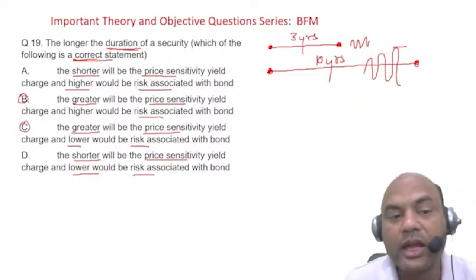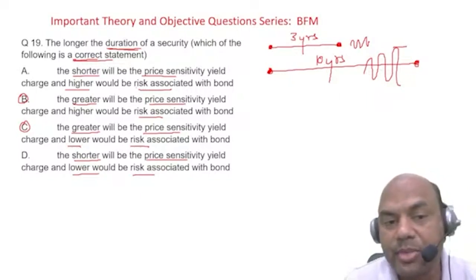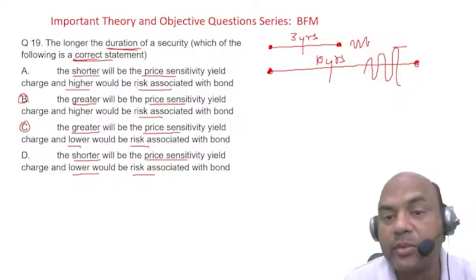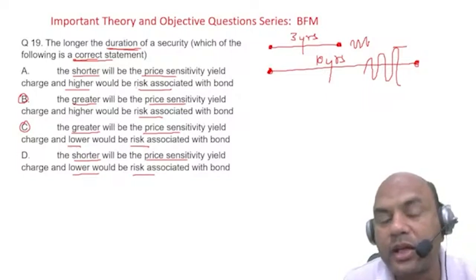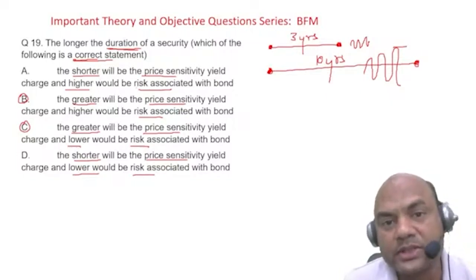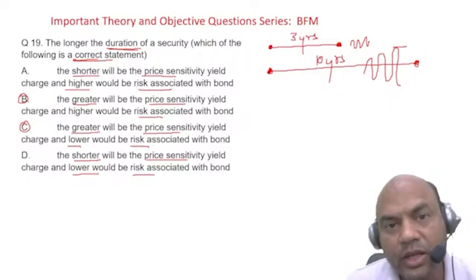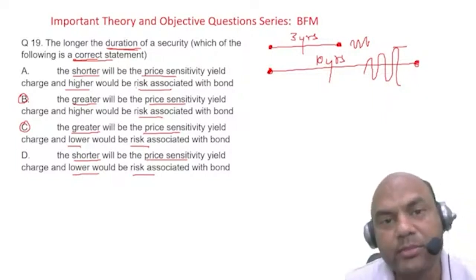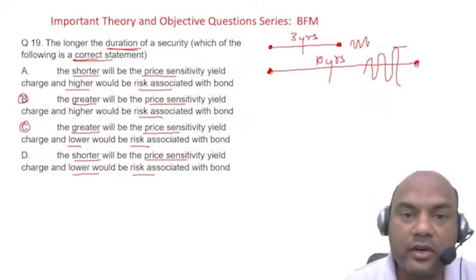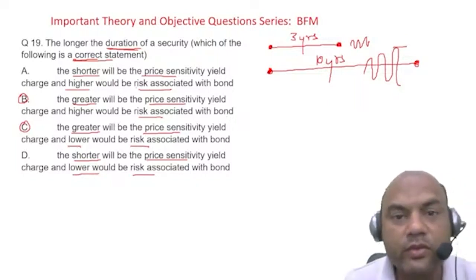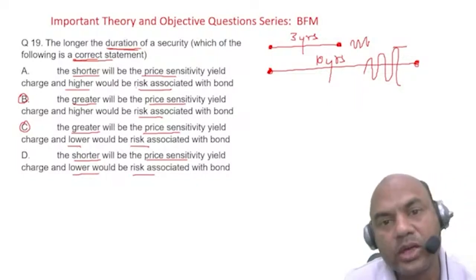Now, higher would be the risk associated with the bond, or lower would be the risk associated with the bond. If a bond is of longer duration or shorter duration, which will have the higher risk? If I ask you to invest in something which will give you returns in 2 years, and something which will give you returns in 20 years, which one will you prefer?